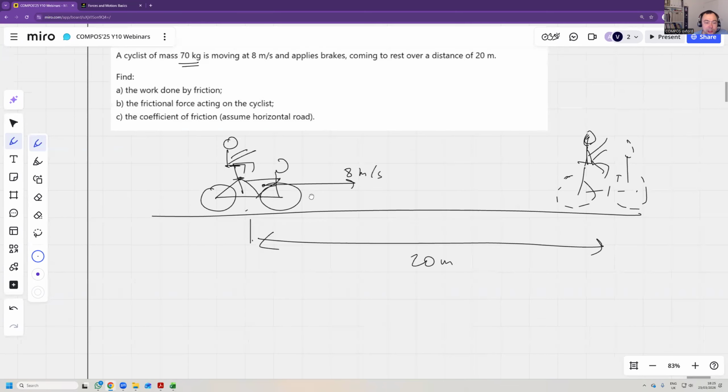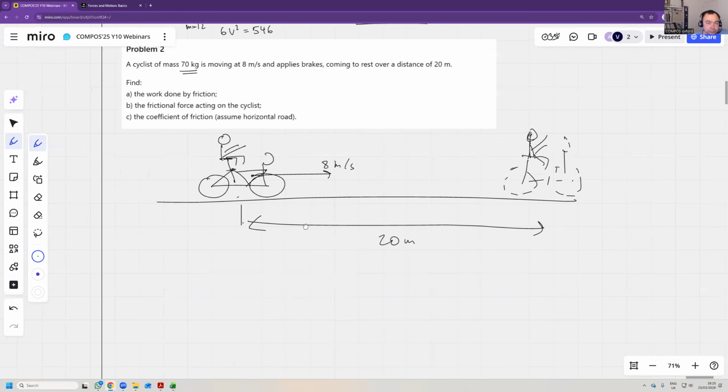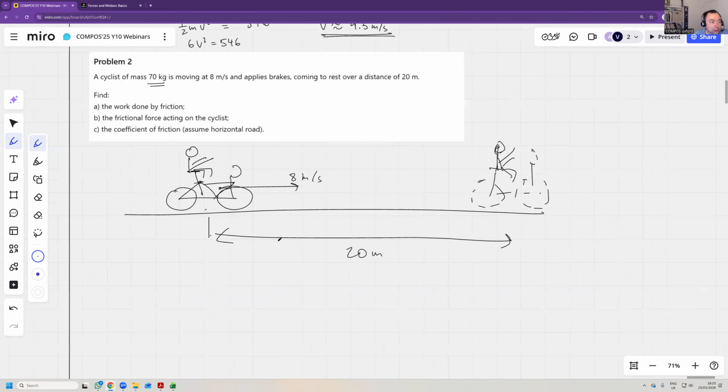And the work done by friction. Well, first of all, we need to find the change in kinetic energy. The change in kinetic energy is the final kinetic energy minus the initial kinetic energy. Final kinetic energy is 0, minus the initial kinetic energy, 1/2 mv squared. That's the formula.